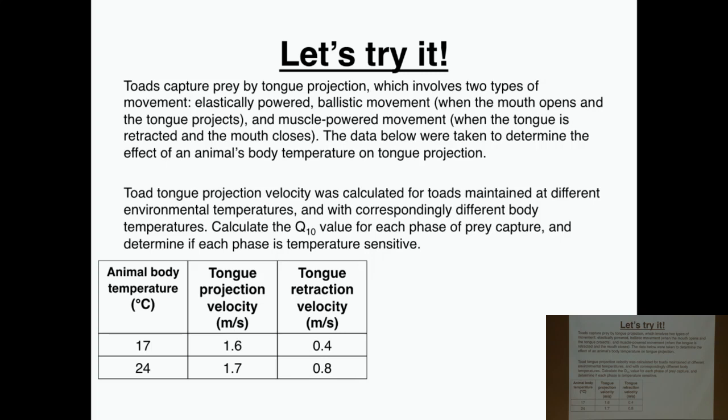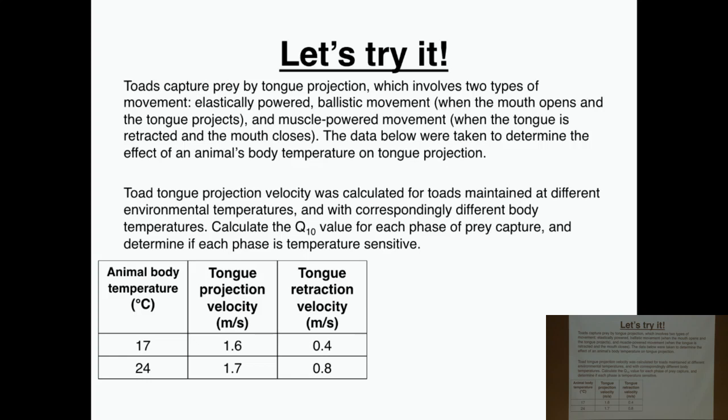Okay, so who's got some ideas for what our Q10 values might be? Yep, we want to do both. Okay, so for tongue projection, 1.09. Do I have anybody agree?